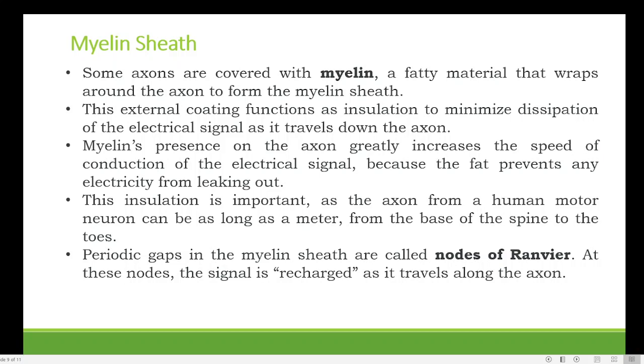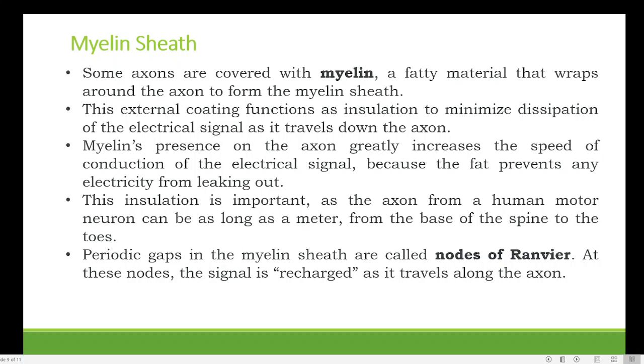So in order to prevent that waste, there is a fatty coating around it. That fatty coating is called the myelin sheath. Myelin present on the axon greatly increases the speed of conduction. That is another advantage. One, it is acting as an insulating layer. Second, it is increasing the speed of conduction because the fat prevents any electricity from leaking out. So these are some of the advantages. One, it is insulating. Second, it is increasing the speed.